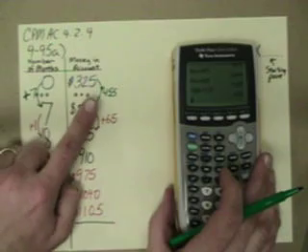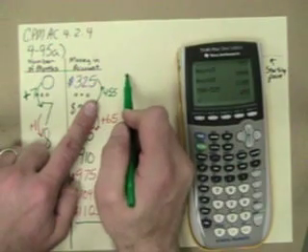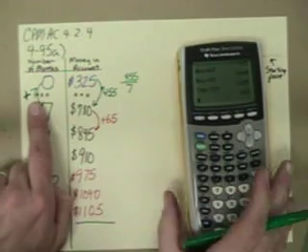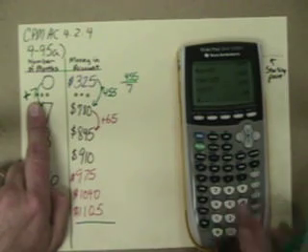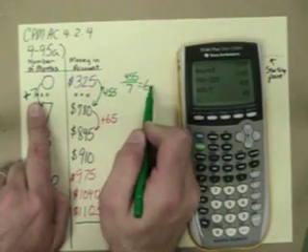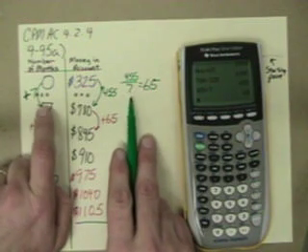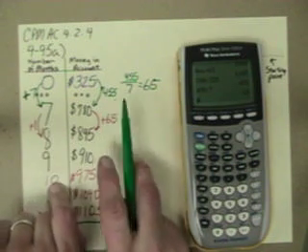Let's see if it shows us the same thing if I divide this into equal pieces. If I take 455 and divide it into 7 equal pieces, I also get 65. So this is another way to get your amount it's going up per each x if the numbers don't go up by 1.